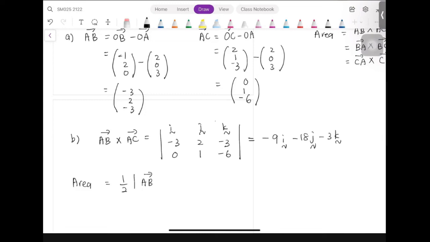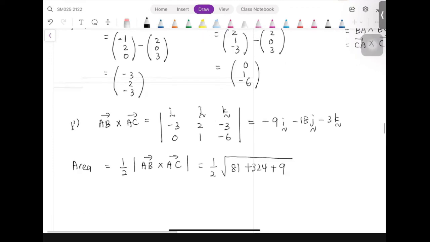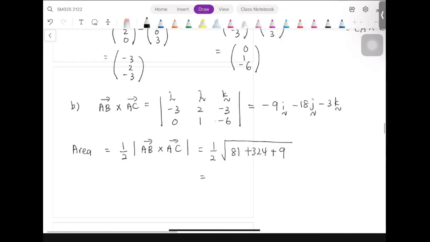So it's half of the magnitude of AB cross AC. So half times √(81 plus 324 plus 9). Our final answer for this part would be 3√46 over 2 unit squared. And that is basically how you find the area of a triangle by using the vector product.